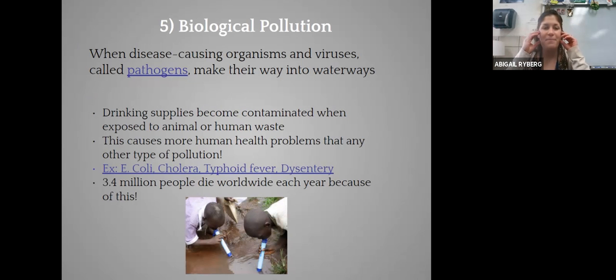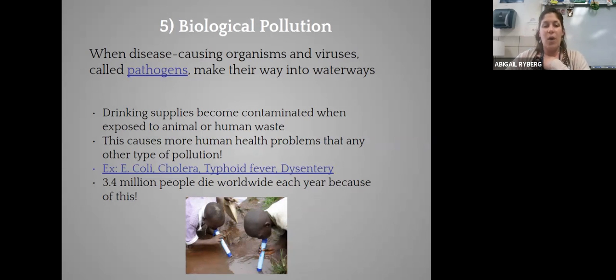Okay. The fifth type is what we call biological pollution. So bio means living. Biological pollution is typically what we refer to as bacteria, viruses, right? So when disease-causing organisms and viruses, which we call pathogens, make their way into waterways. A pathogen is anything living that causes diseases.